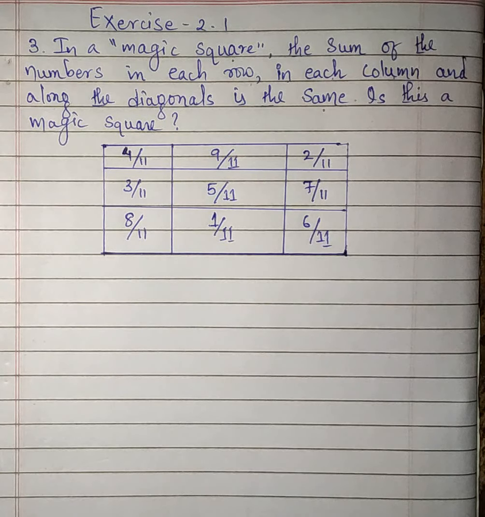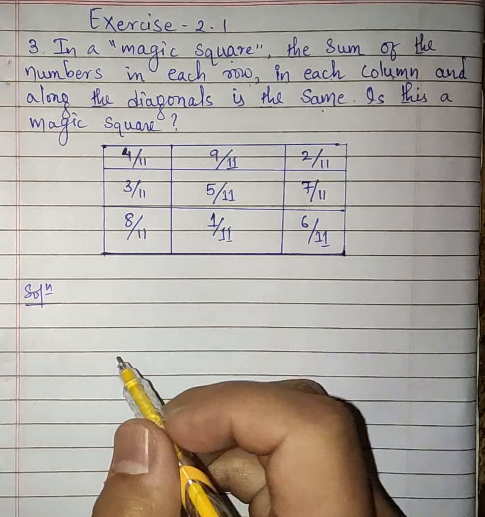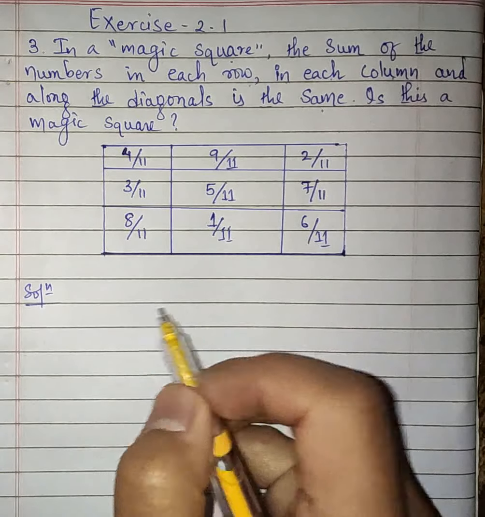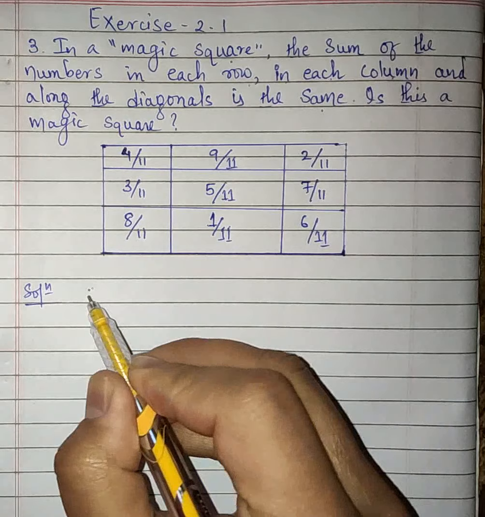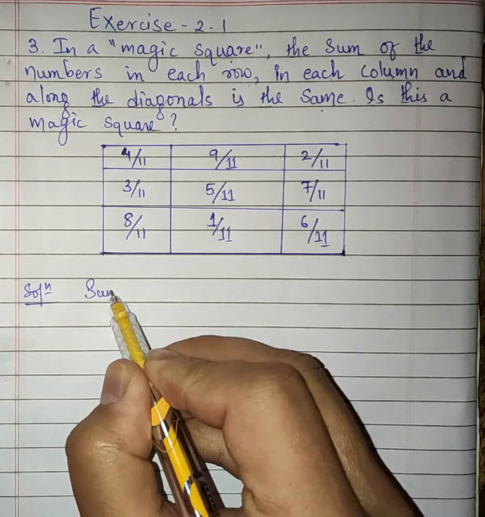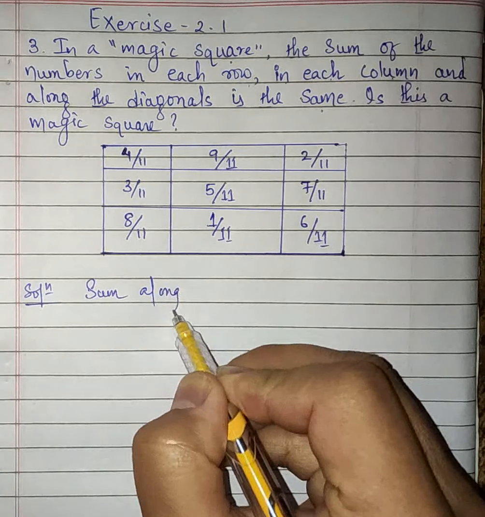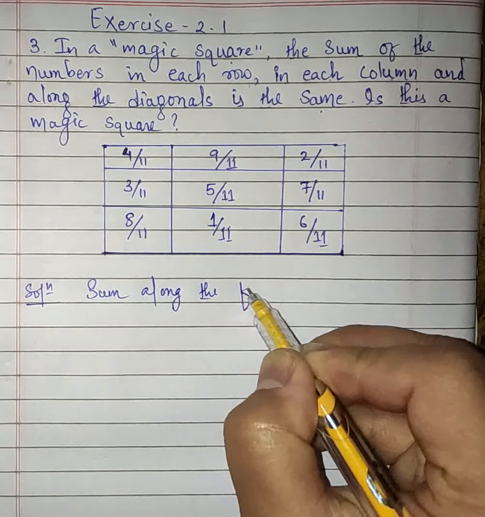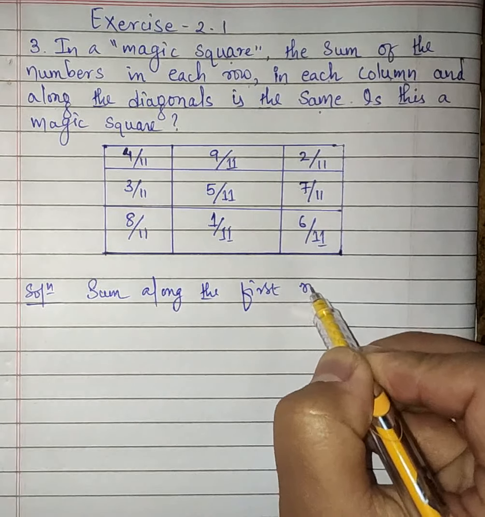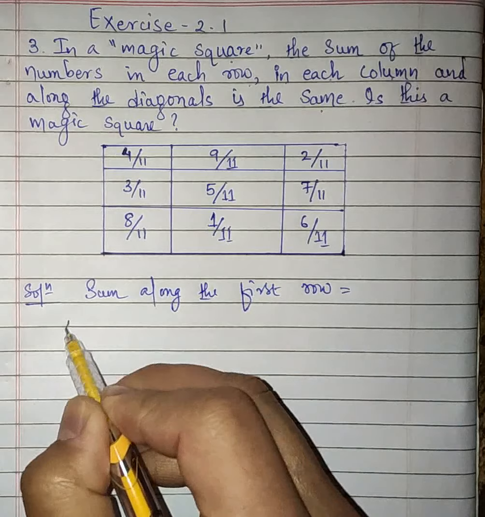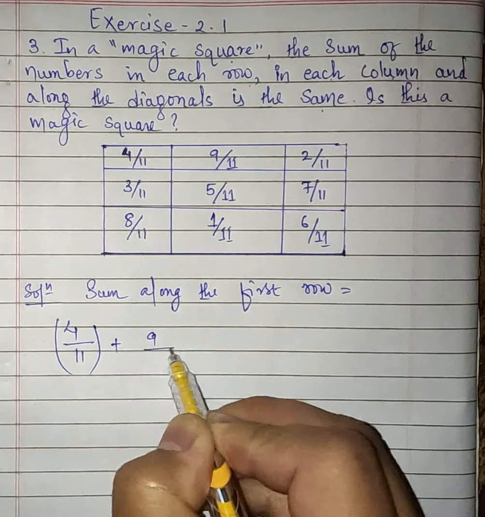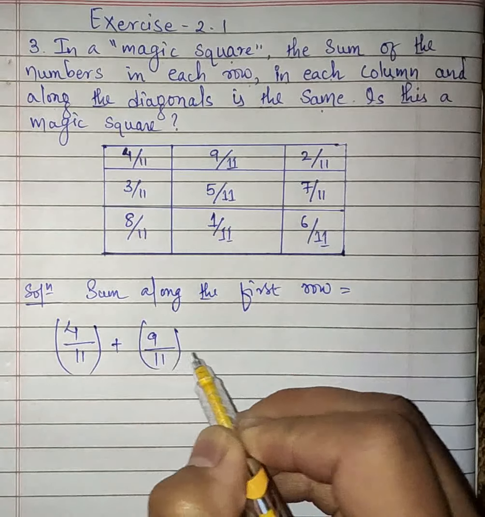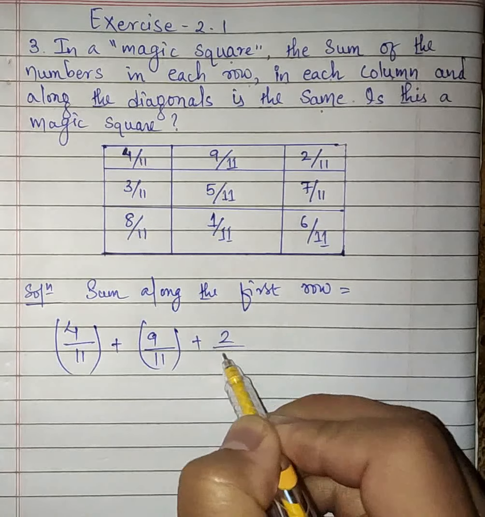Alright, so first of all, let's add each row. The sum along the first row is equal to 4 by 11 plus 9 by 11 plus 2 by 11.